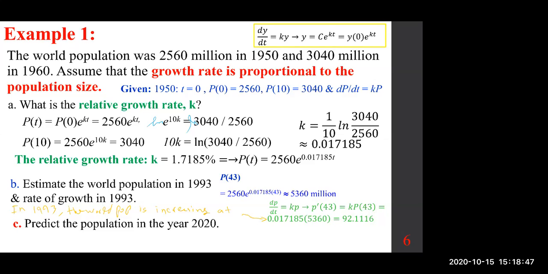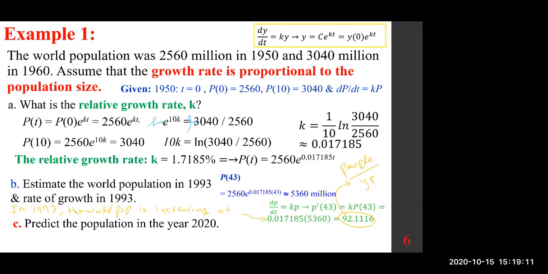So 92 million people per year in 1993, or after 1993. What about the population in the year 2020? So what T should we use? Class, can anybody help us?